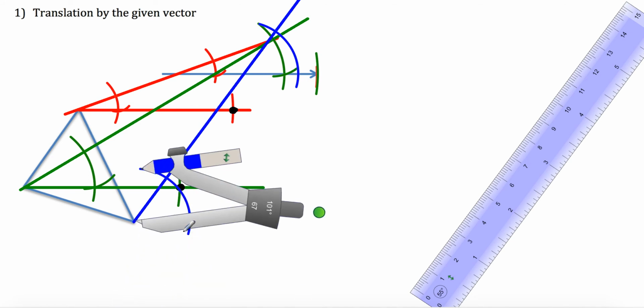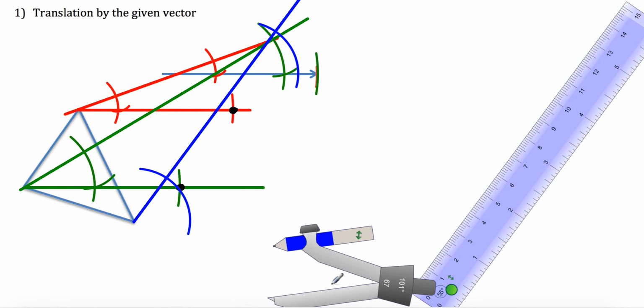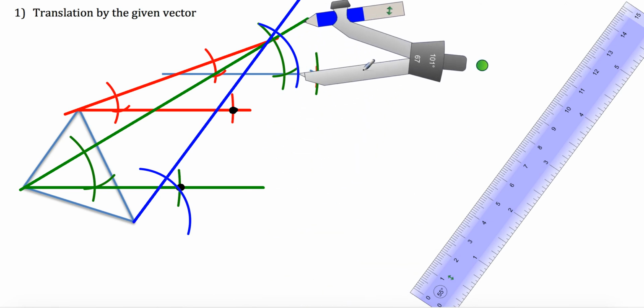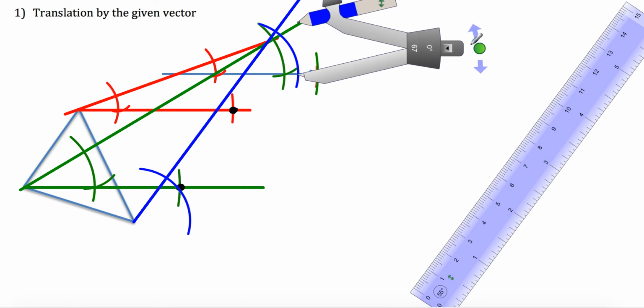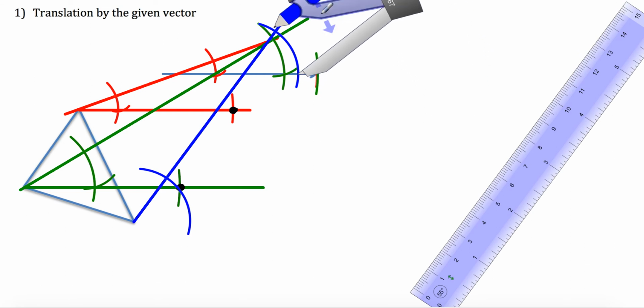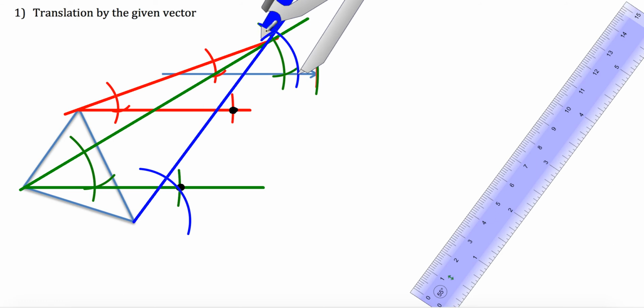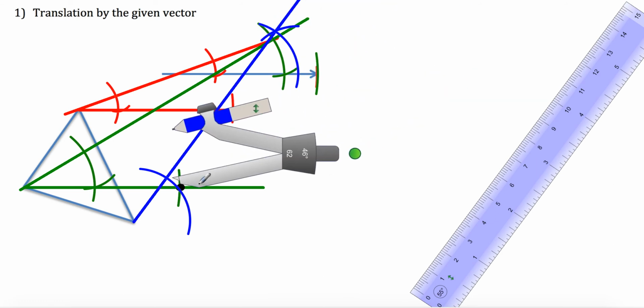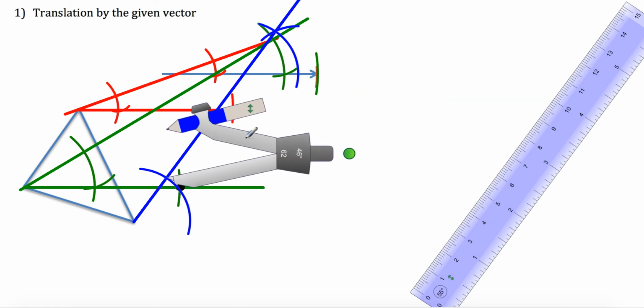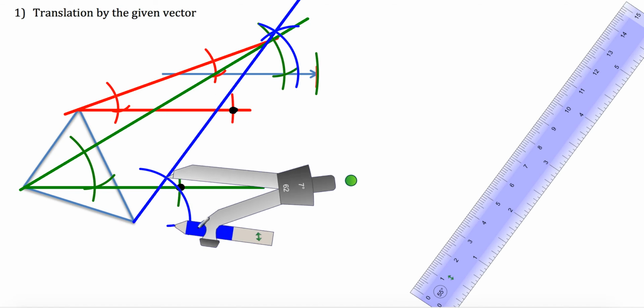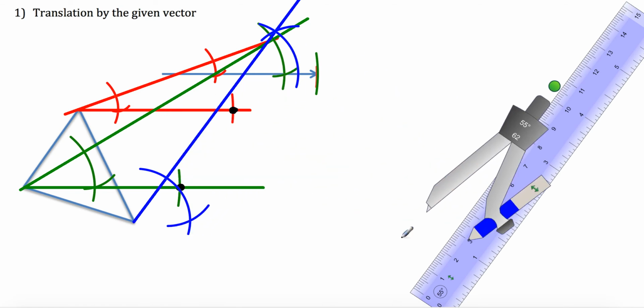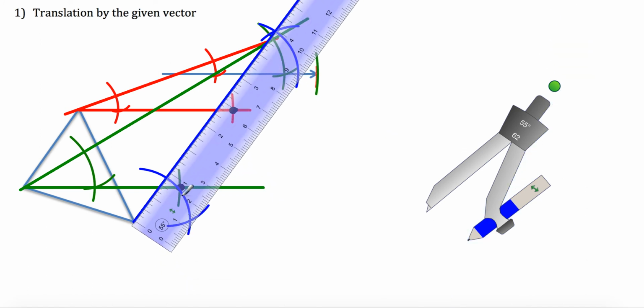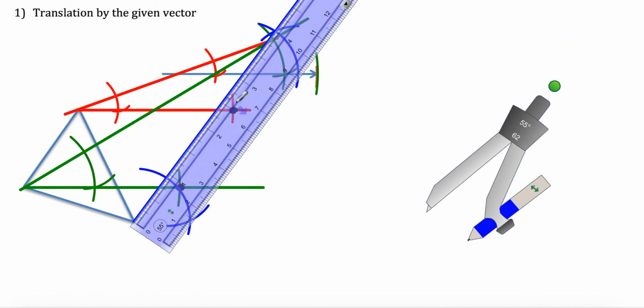And then go up. That seems to be the spread of the angle. And then move the ruler.